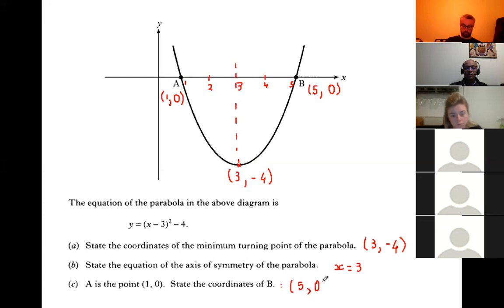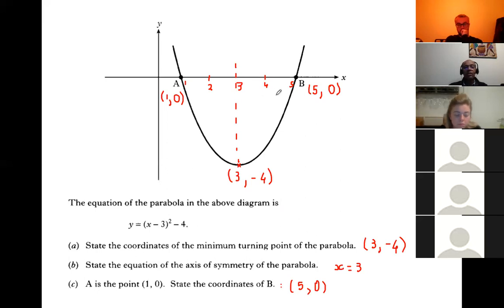Okay? That's quite easy, quite quick to do. Some people might say, oh, I need to find the roots. If you want to, the only thing is you need to expand that.